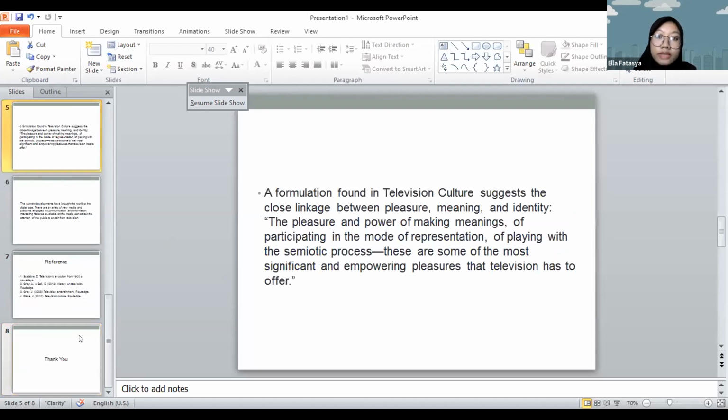Formulations found in television culture suggest the close link between pleasure, meaning, and identity. The pleasure and power of making meanings, of participating in the mode of representation, of playing with the semiotic process. These are some of the most significant and empowering pleasures that television has to offer.